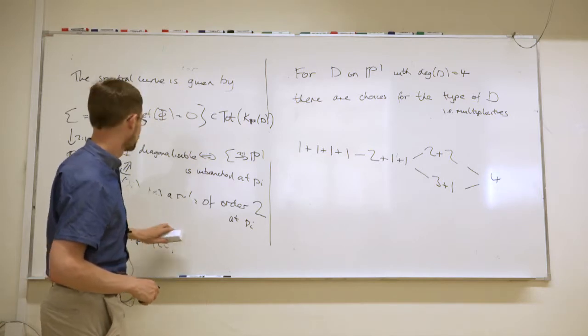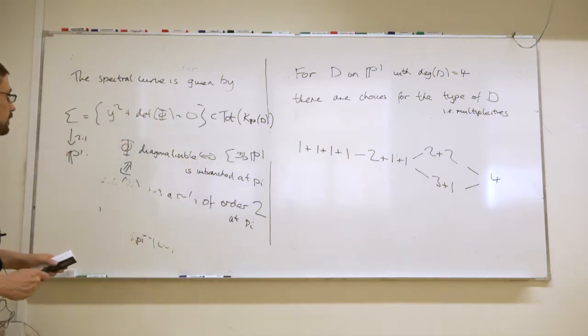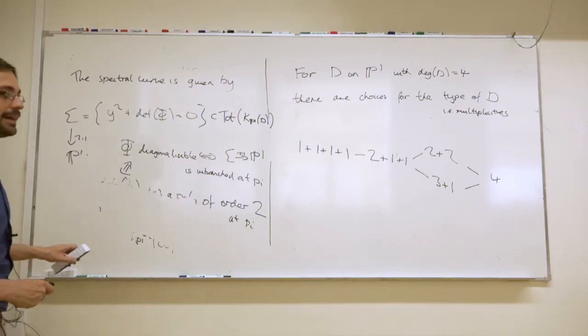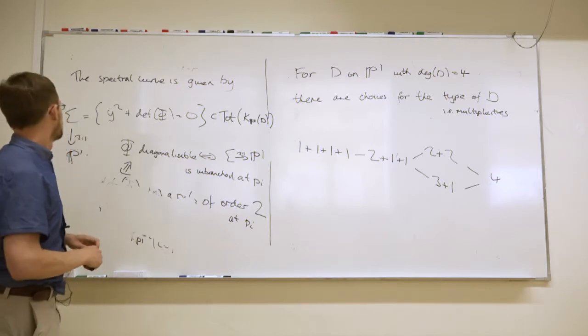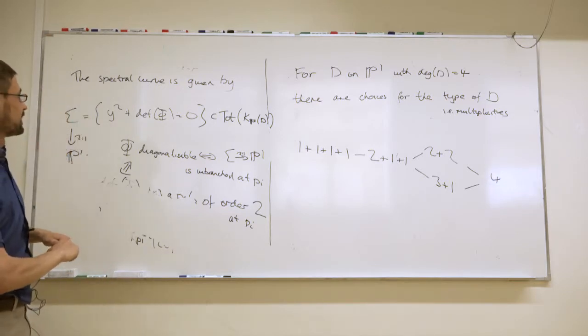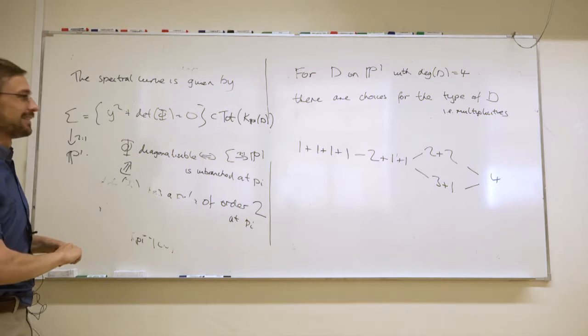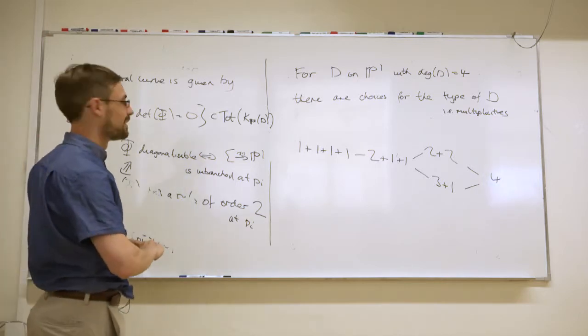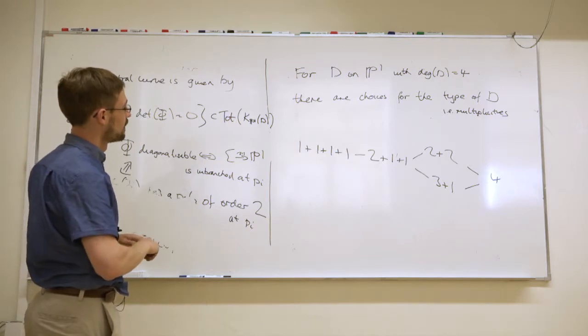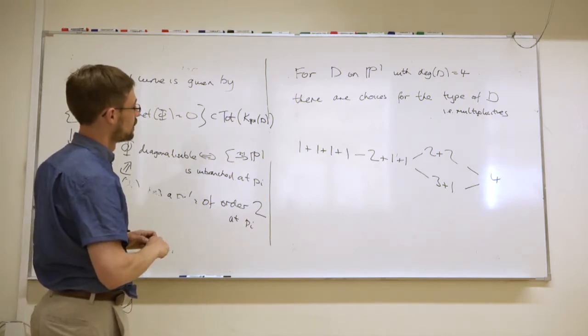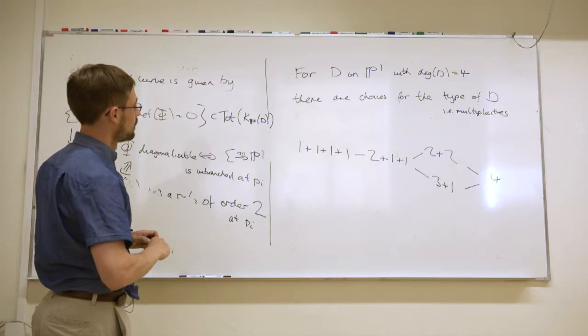Can I ask something? Go for it. You said in this case the symplectic leaves have dimension 2. Yeah. So the spectral curve should be an elliptic curve, I guess. Yeah, the spectral curve really is an elliptic curve. But if you're in the total space of K_P1 twisted by a degree 4 divisor, that's O(2), right?